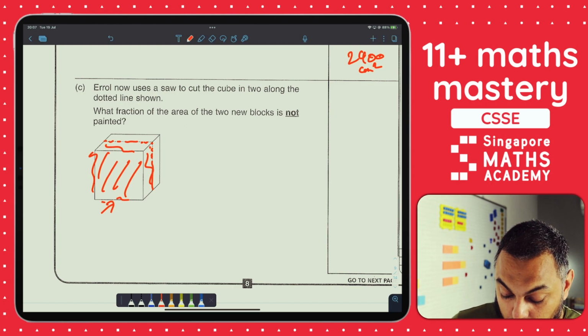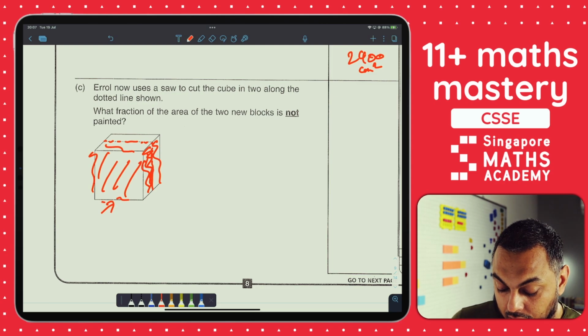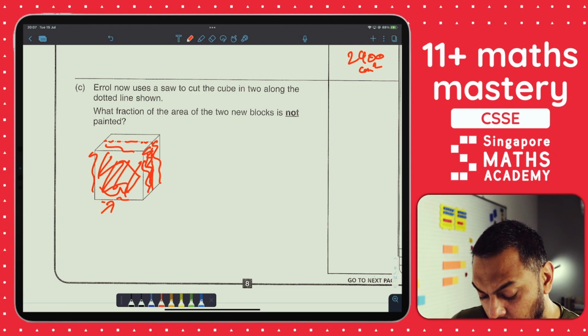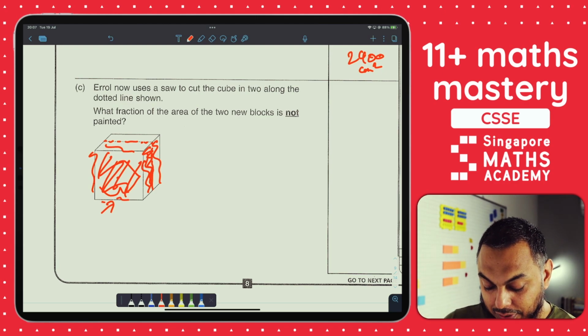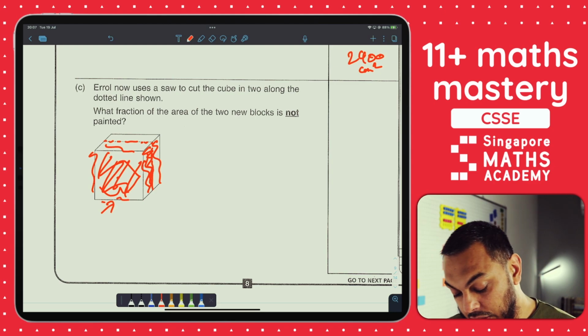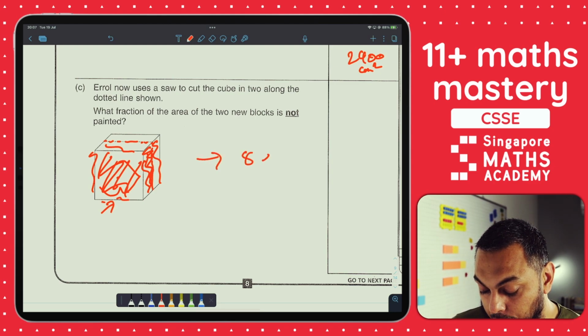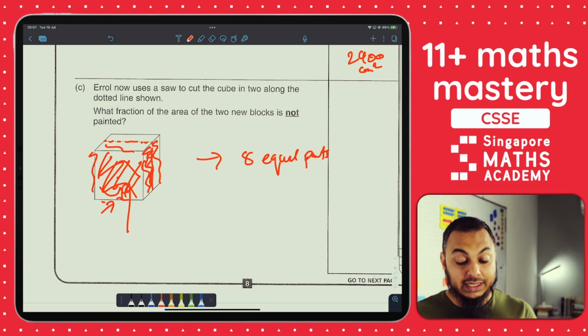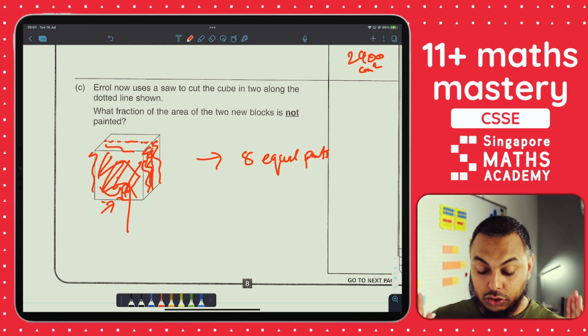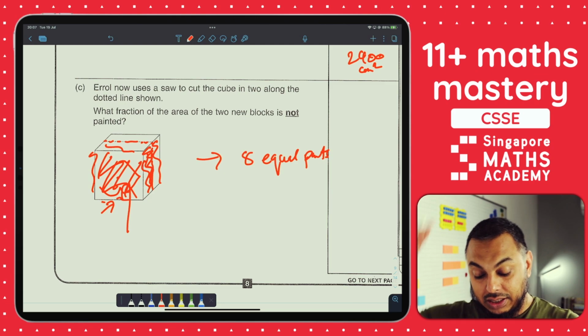But then you've got to think, this side is not the same size as this one, for example. So all together, you're going to have 1, 2, 3, 4, another 4, that's 8 equal parts. This face here is going to be equal to the one behind it, and these two together are going to be equal, and these two together are going to be equal.